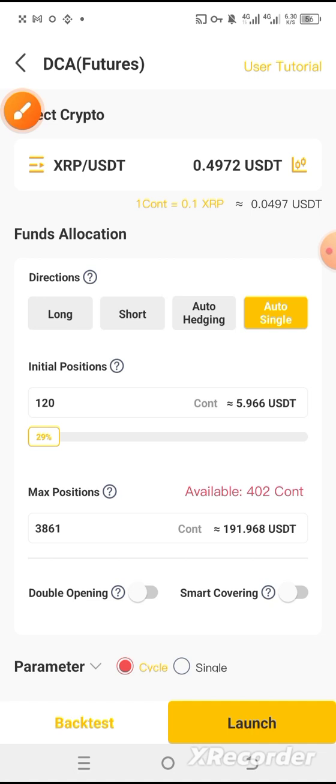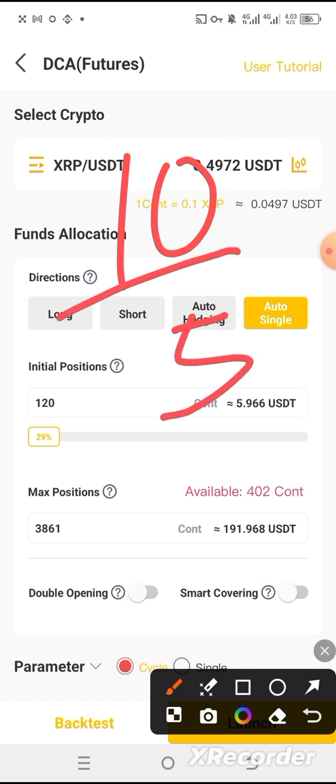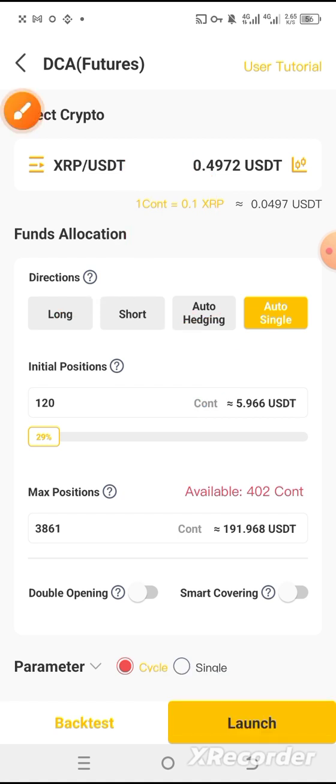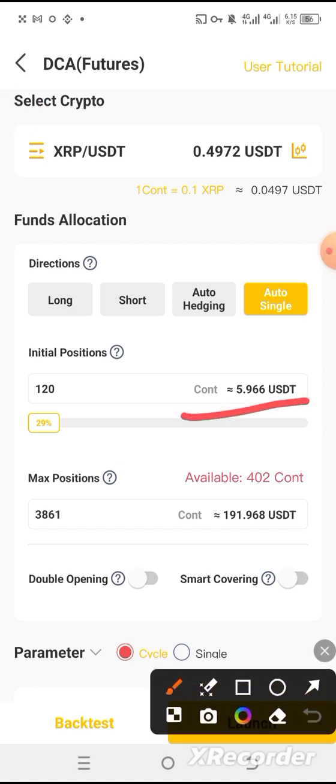Now, in our mathematics, we have $10, and probably we want to trade two coins with this $10. So that means we have $5 to trade. This is the total amount the system is going to trade for me. This could be wonderful if you want to be risk free.